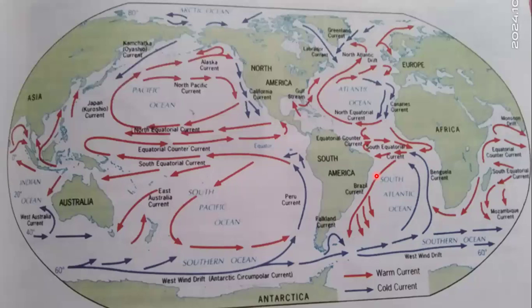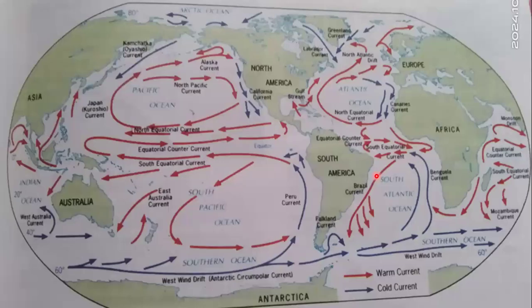Similarly, ocean currents are generated in the polar areas due to high water level resulting from low rate of evaporation and abundance of water. Now, why is there an abundance of water in the polar region? Due to the melting of ice.